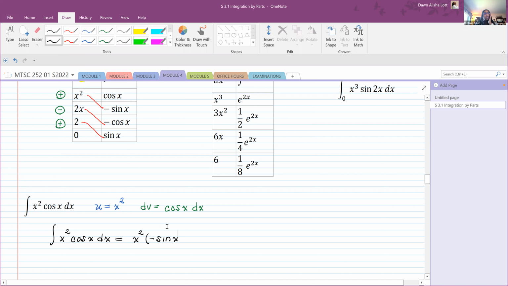The integral of cosine is sine, not negative. The integral of sine is negative cosine. I don't know how I got that wrong. Now it's right.